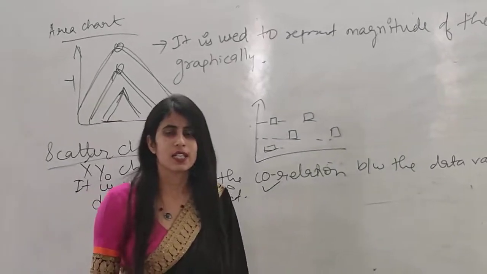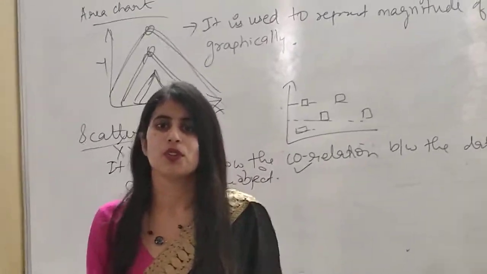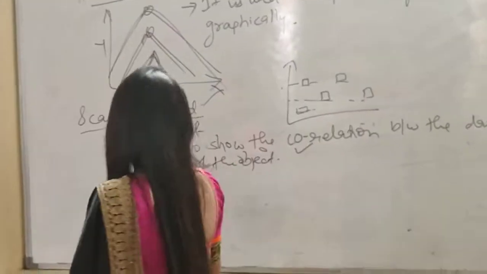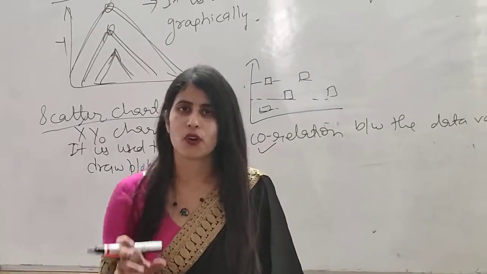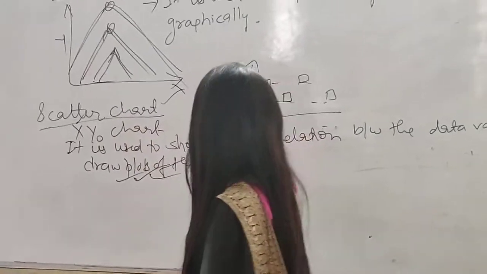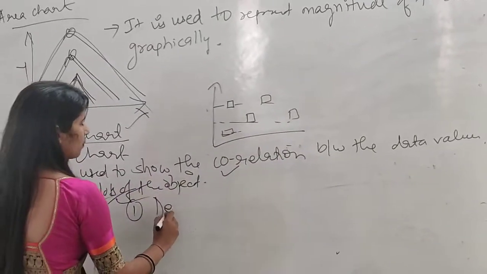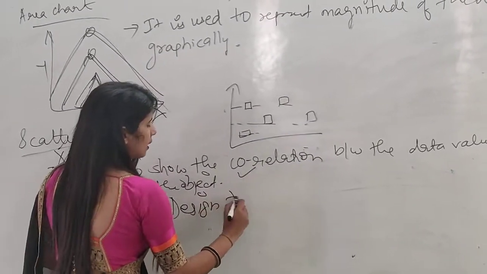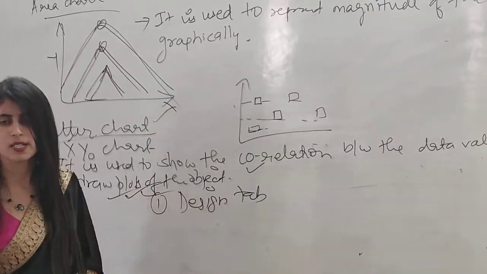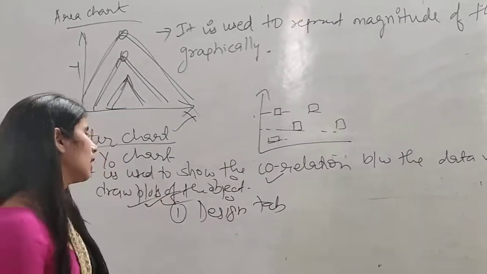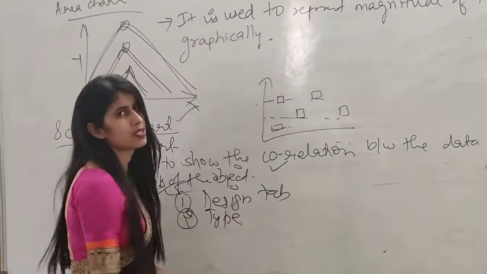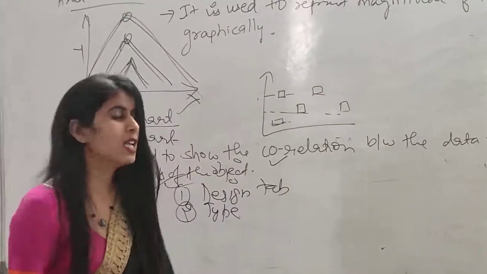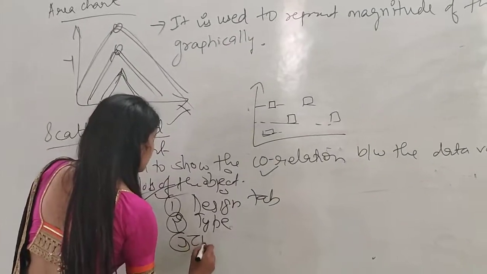Okay, the next one is how to change the chart type. We can change the chart type by following a few steps. At first we have to click on the Design tab. When we click on the Design tab, we will see the Type option. When we click on this Type option, we will see Change Chart Type.